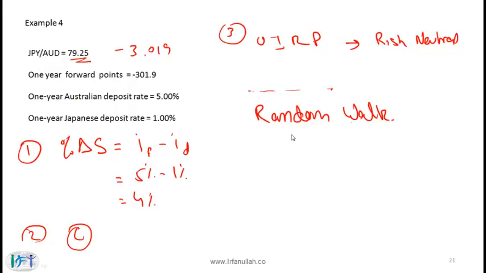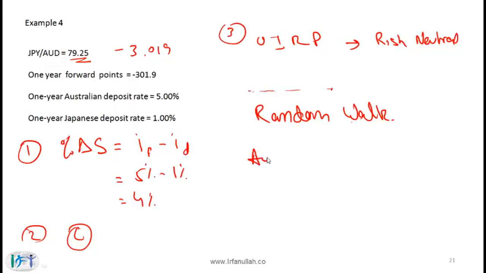Then question number 5, if asset managers completely hedged the currency risk associated with a 1 year Japanese deposit using a forward rate contract, the 1 year all-in holding return in Australian dollars would be closest to what? Now again, this goes back to a core point.